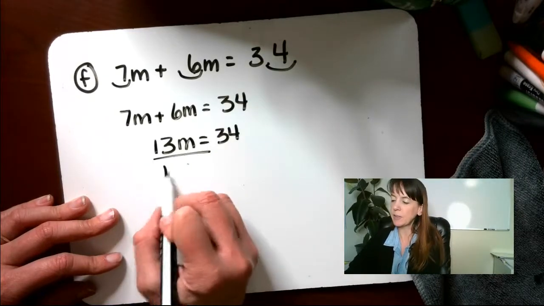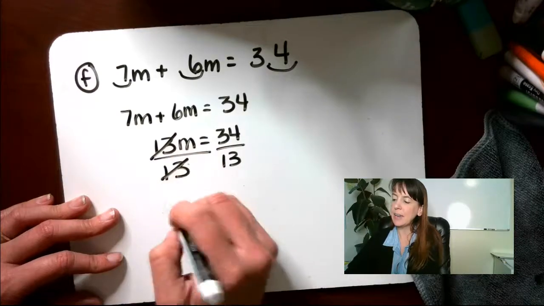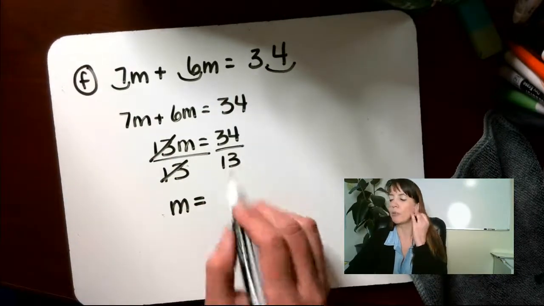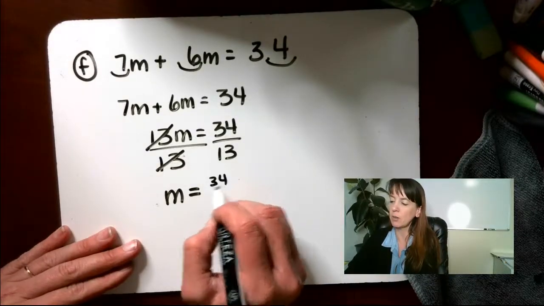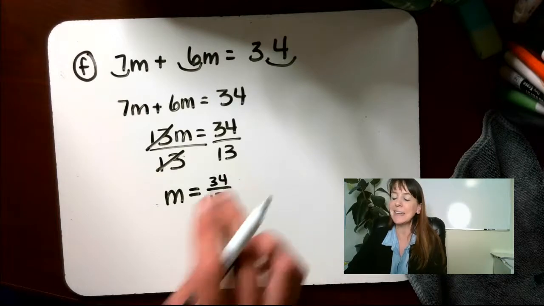Divide both sides by 13. These guys cancel out. M equals, now remember, normally this would be 34 over 13, as m equals 34 over 13. But remember, this equation started as a decimal, so let's end it as a decimal.